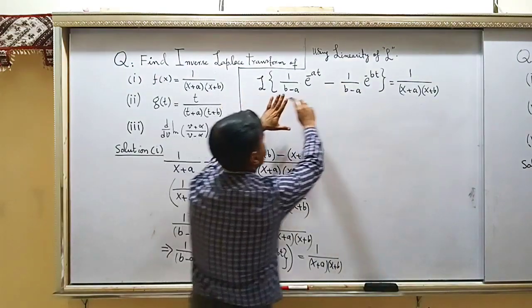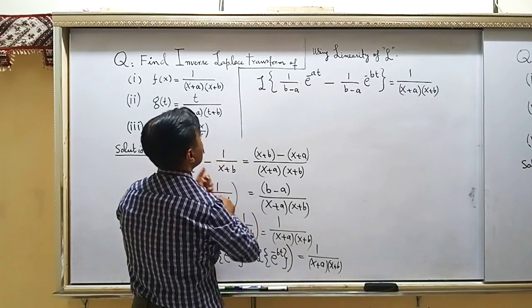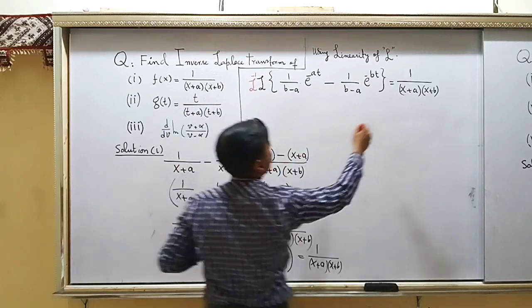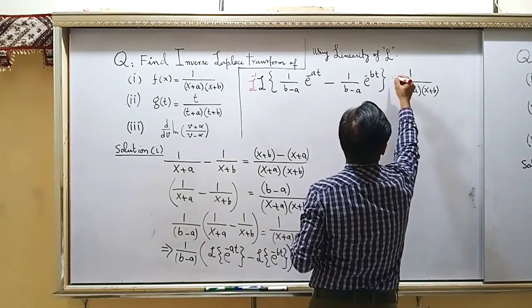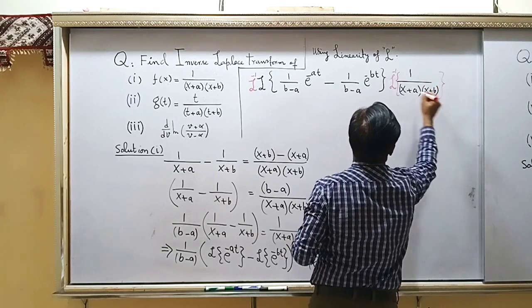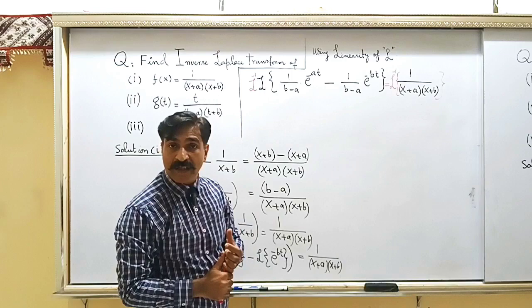Now you need to take the inverse transform of this, right? When you have completed this step, you do not need to write a new step. Instead, you can apply L inverse here and L inverse here, so that it becomes clear that you are now taking the inverse transform.